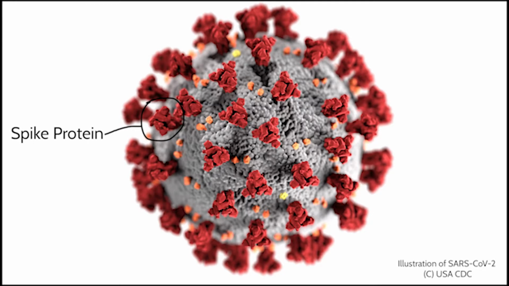It is responsible for how efficiently, and into what kind of cell, the SARS-CoV-2 can get into the host. For the vaccine, what we do is deliver a piece of the pathogen, a piece of the protein, what we call the immunogen, into the host.